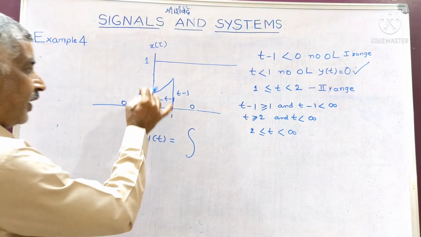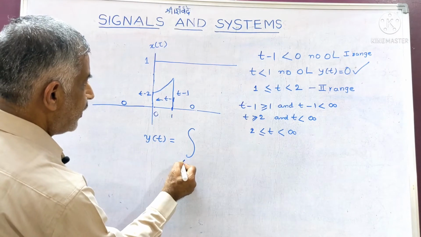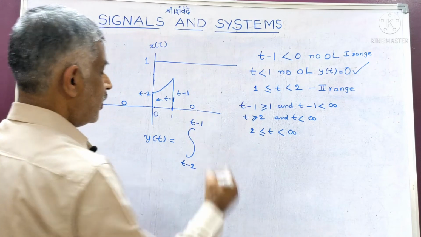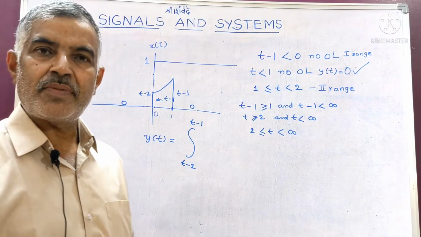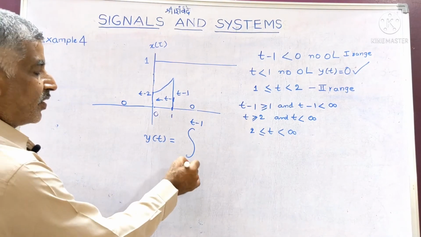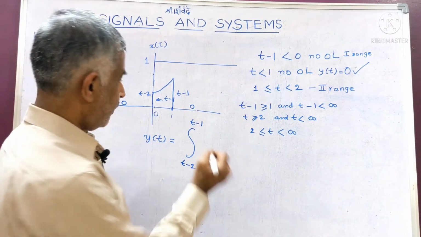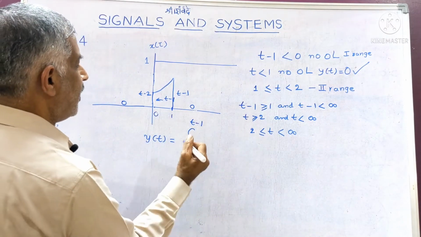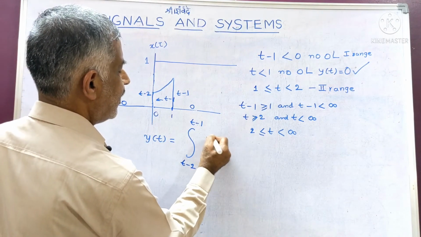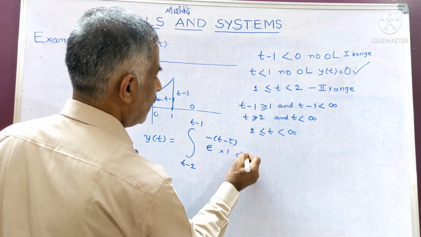Therefore, in the interval, one has to write the integration limits as t minus 2 and t minus 1. Which is bigger? t minus 1 is bigger than t minus 2, because you are subtracting 2 from t in one case and 1 in the other. So the limits are t minus 2 to t minus 1, and here you write the mathematical form e power minus (t minus tau) into 1 d tau.